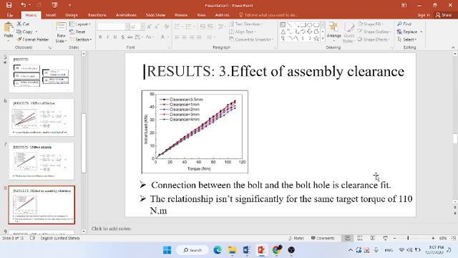The greater the assembly cleanliness, the greater the effective contact radius of the contact between the nut face and upper surface of the joint. Results show that the torque initial load relationship is significantly affected by assembly cleanliness for the same target torque of 110 Newton meters.